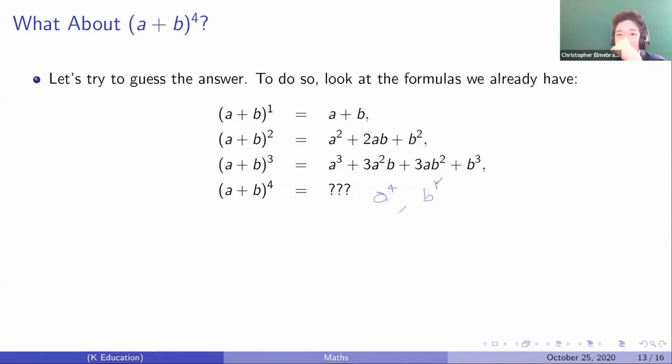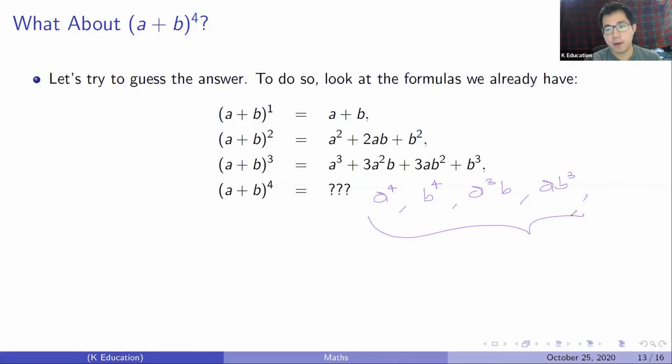And then I'm guessing you would have a cubed b and a b cubed. Yeah, symmetric. And then, yeah, that should be it. Okay. Yeah, so you've gotten all the other ones, there's one more.